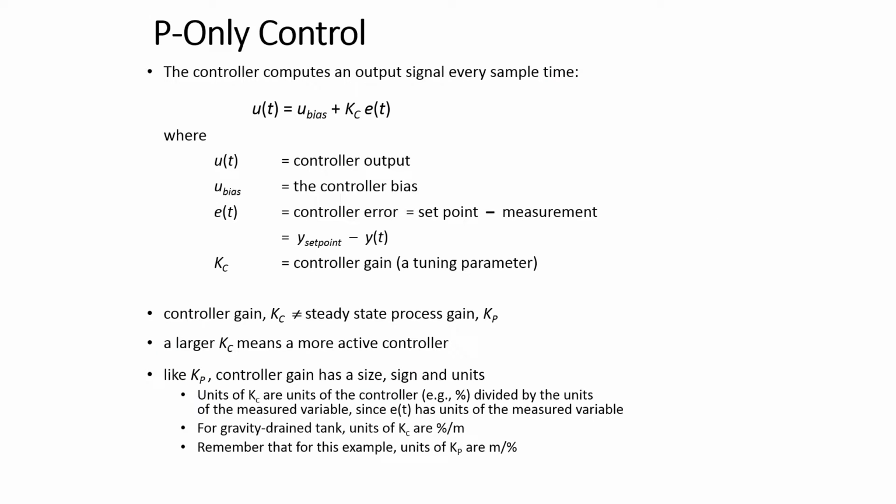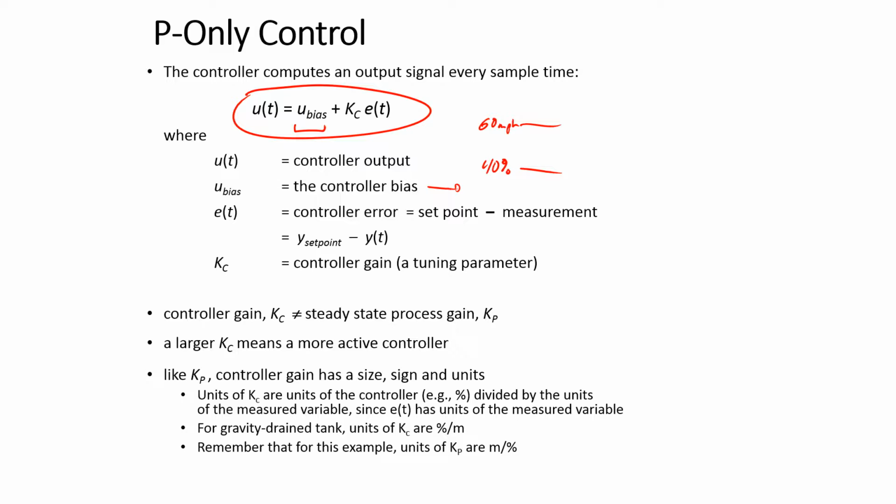Okay, so we have this P-only controller, and it has really two items here. One is the controller bias. Now this is the value of the manipulated variable. You can set that for your steady state conditions that you want to achieve. So let's say you're driving down the road at 60 miles per hour and you have 40% gas pedal and you turn on your controller.